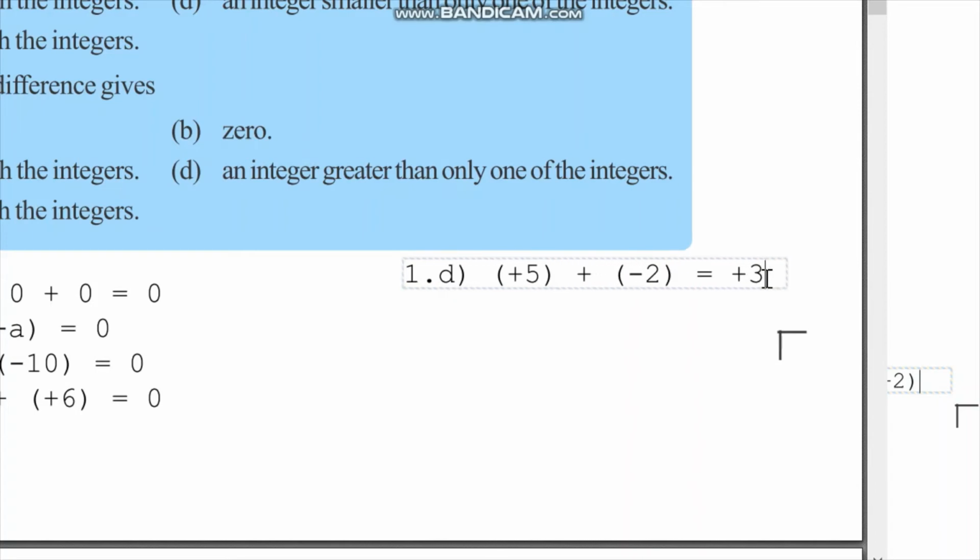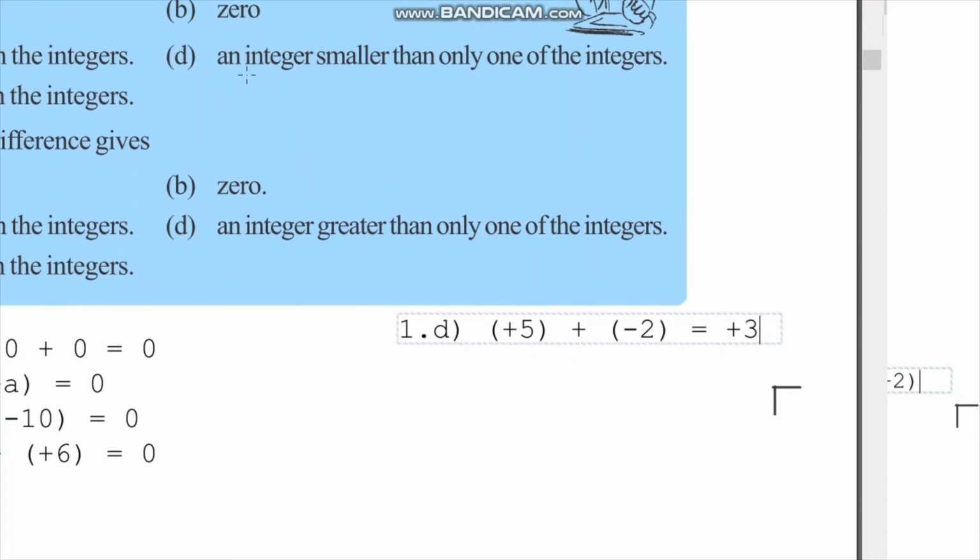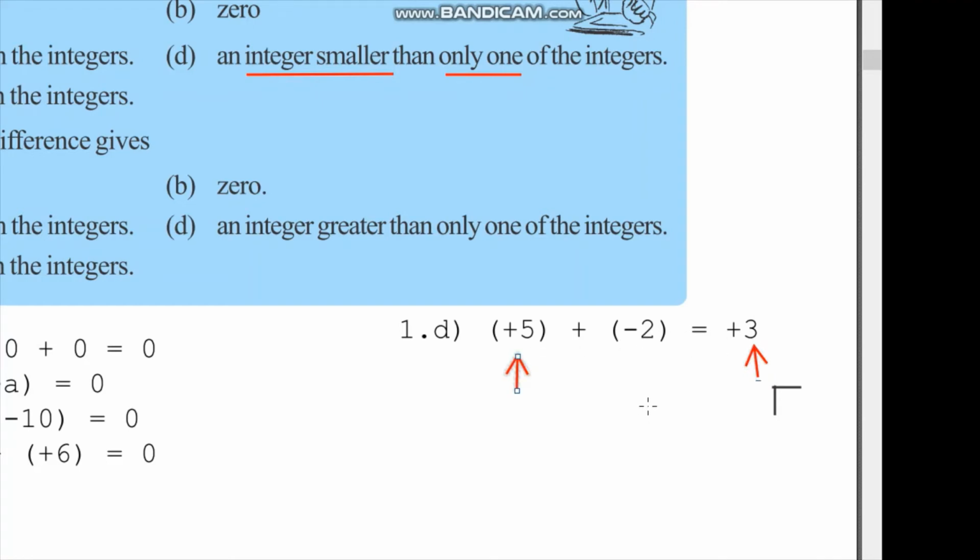Now let us see if this satisfies the condition that we have been given. The condition is that we need an integer that is smaller than only one of the integers. Here we have plus 3 as the sum of these two integers. Is plus 3 smaller than plus 5? Yes, it is smaller than plus 5.